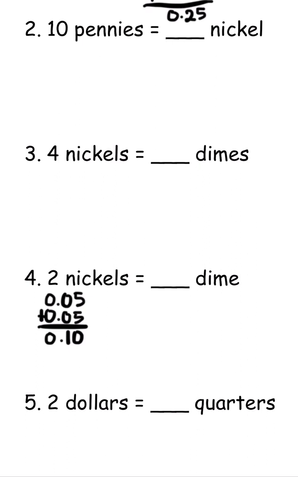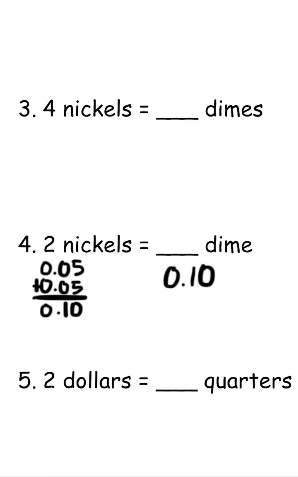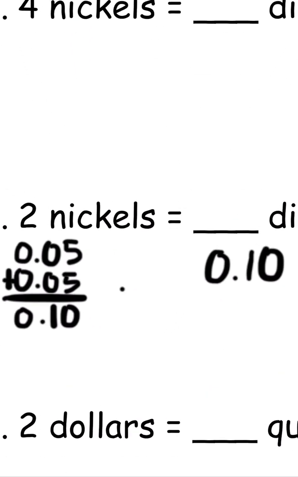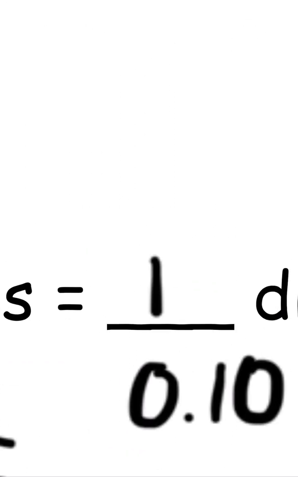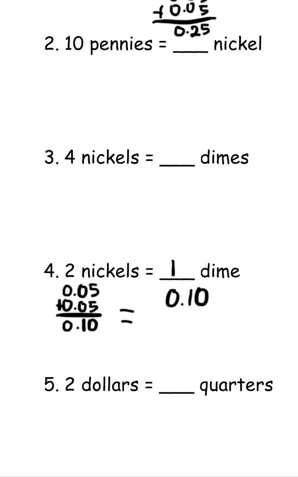And now a dime was 0.10, 10 cents, which is equal to 2 nickels. So 1 dime is going to equal 2 nickels. So 2 nickels equals 1 dime is the answer for number 4.